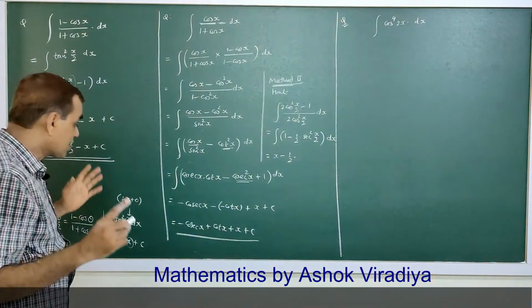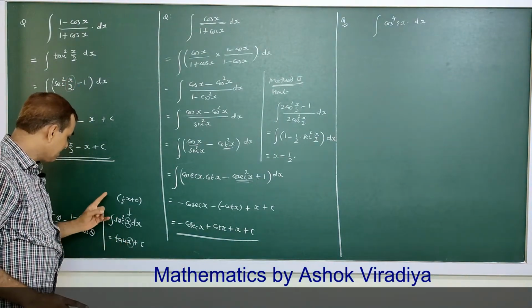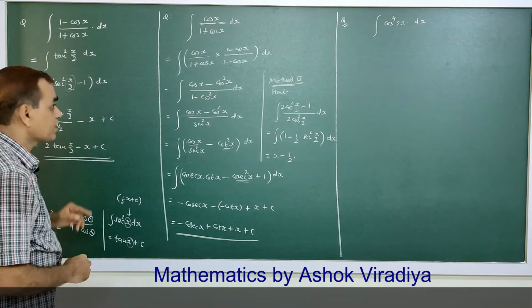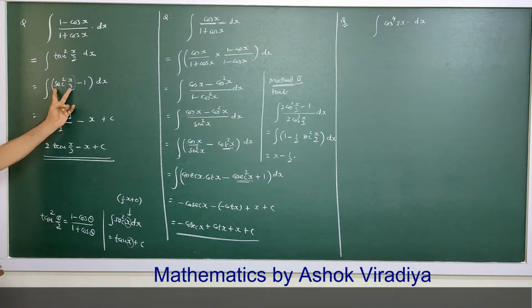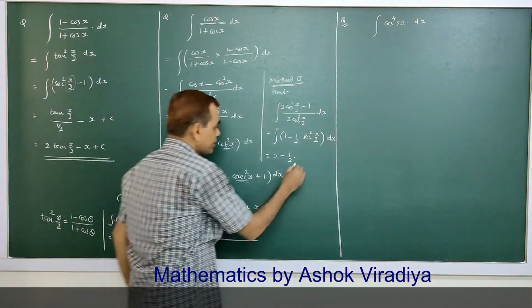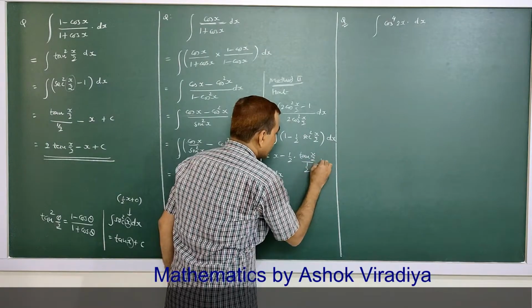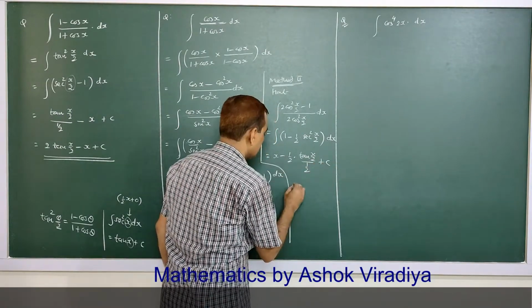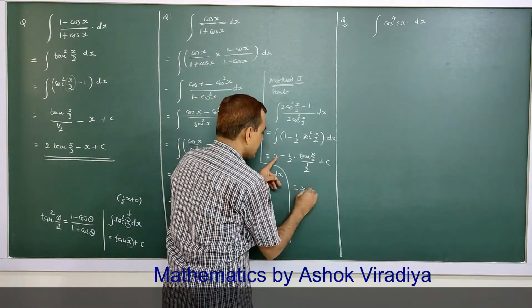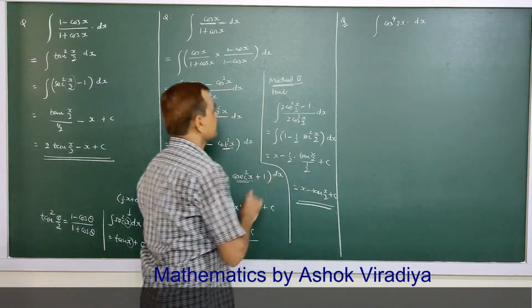Integral of sec square is tan x, but we want integral of sec square x by 2 like this. See, just discussed here, it is tan x by 2 upon 1 by 2 plus c. So it is x minus tan x by 2 plus c.